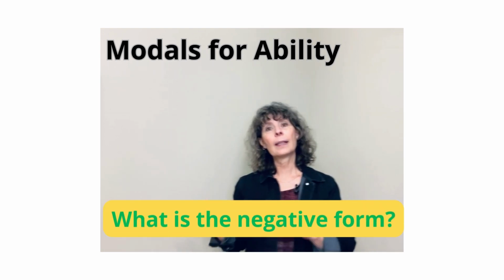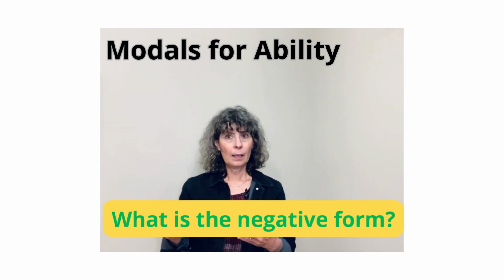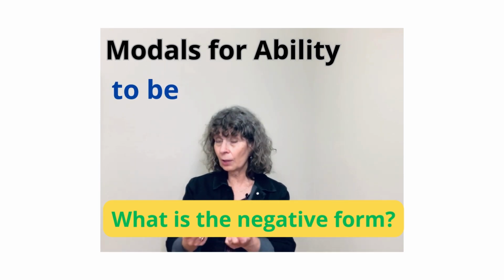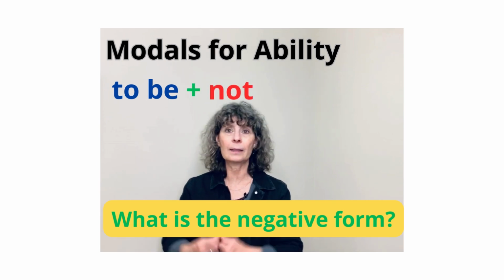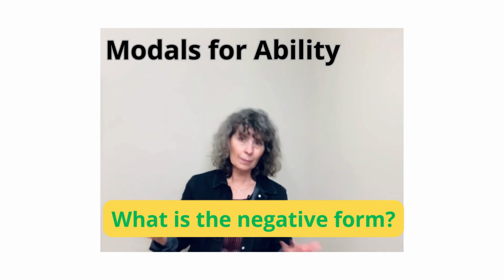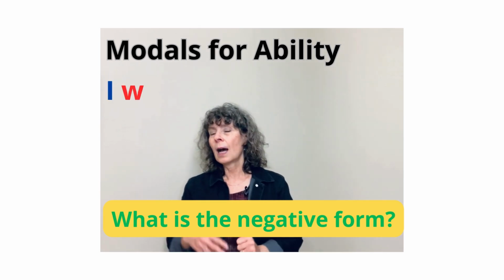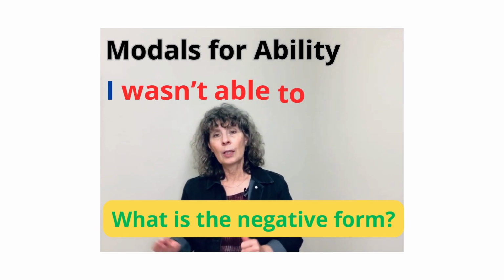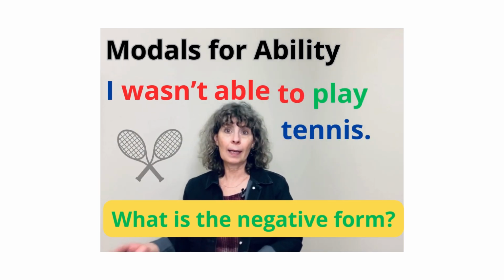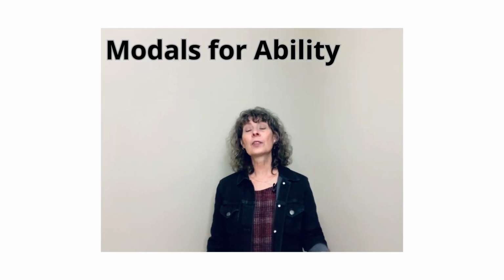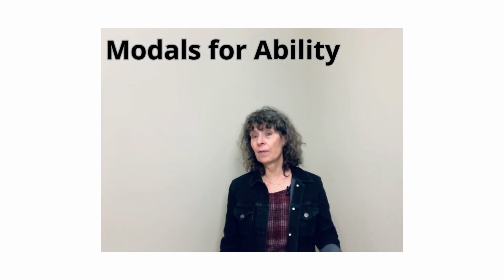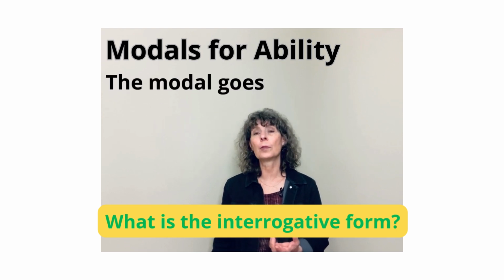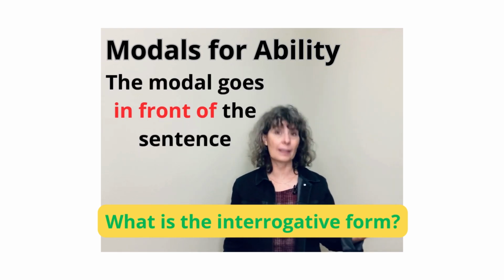And when you make it negative, again, you're taking the verb to be and making that particular verb in the structure negative. So, when I was young, I wasn't able to play tennis. We also have the interrogative form. So here, what happens is the modal verb will go in front of this sentence.